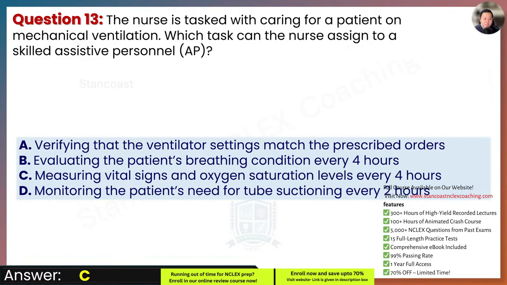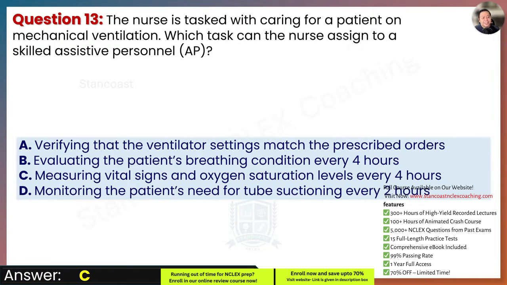That is why letter C is our answer. The measurement of the vital signs and checking the oxygen saturation levels using the pulse oximeter are fundamental tasks that they can do because they're trained to do it. These tasks don't require advanced nursing skills like interpretation of complex clinical data or critical decision making. All right, so that is our answer.